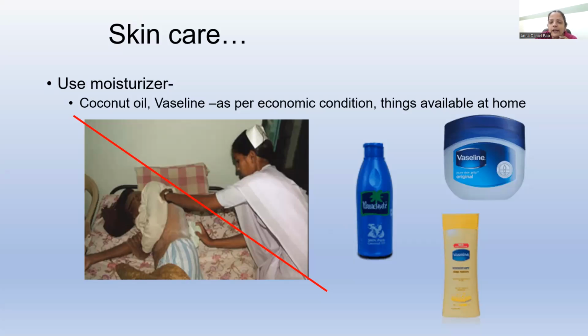Not to go for any fancy things, and also a very mild smell. Perfume also should not be very strong because that can create further problems. So we advise to use, most of the time, coconut oil or Vaseline.